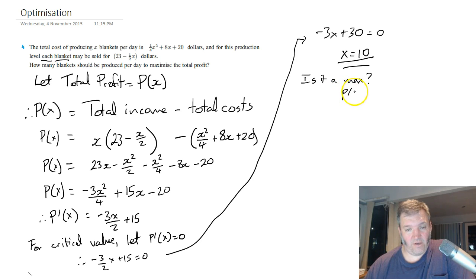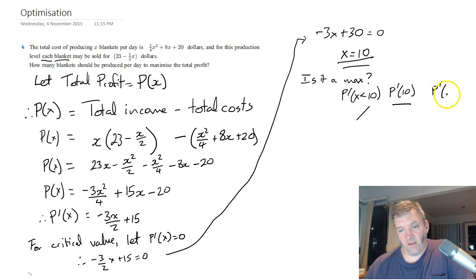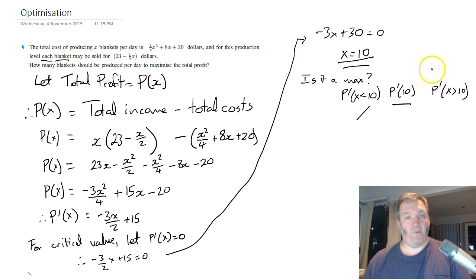So P dash of X, which is less than 10, it's going to be positive. P dash at 10 is 0, and P dash at an X value greater than 10, you could call that 10 plus delta X or something, is going to be negative, and we can see that if I put in 11 there, I'm going to have negative 16 and a half plus 15, which is negative.